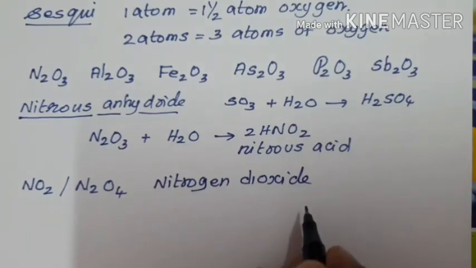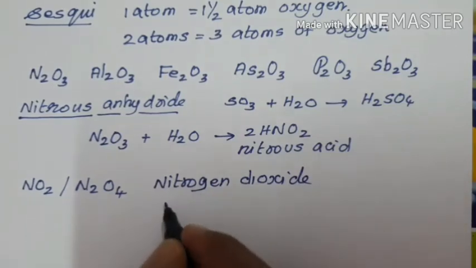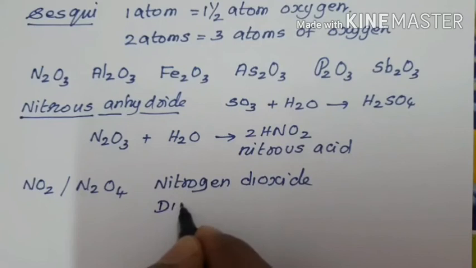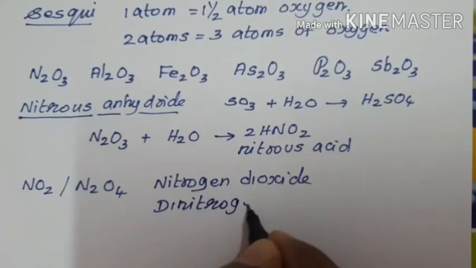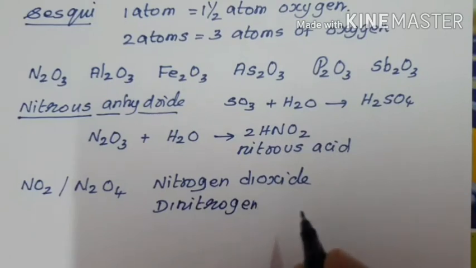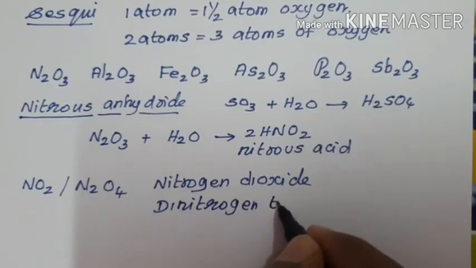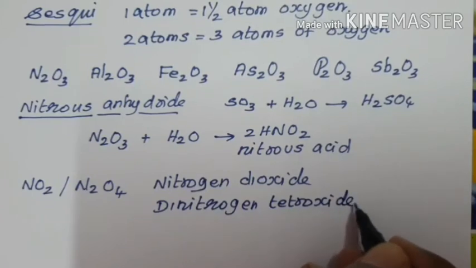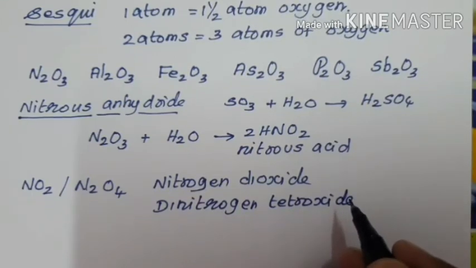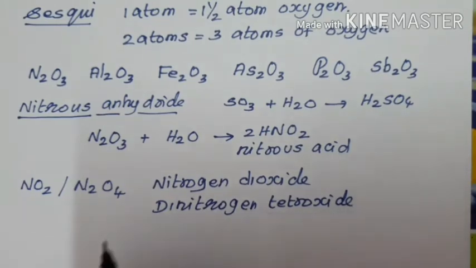Nitrogen dioxide is called NO2. Dinitrogen tetroxide is called N2O4.